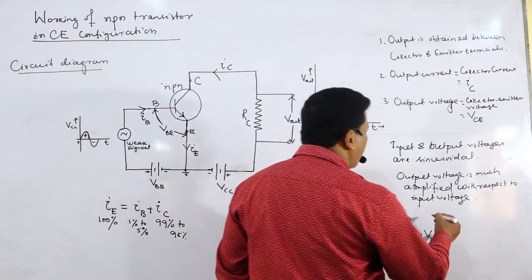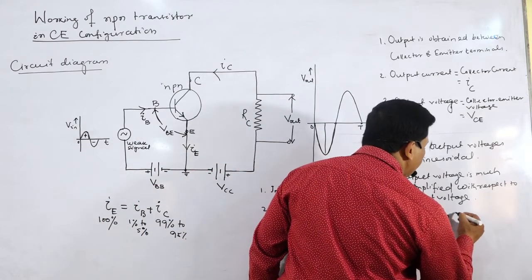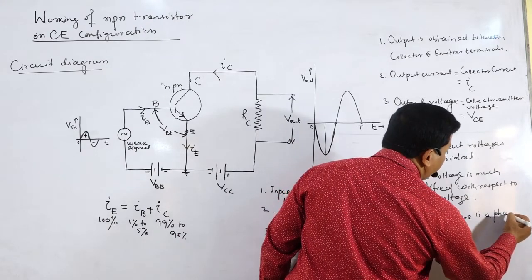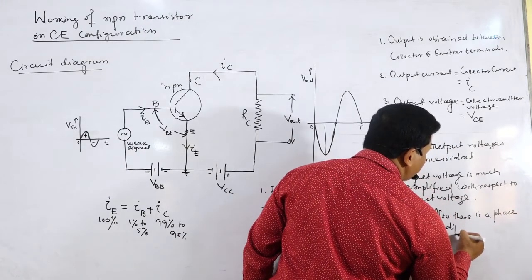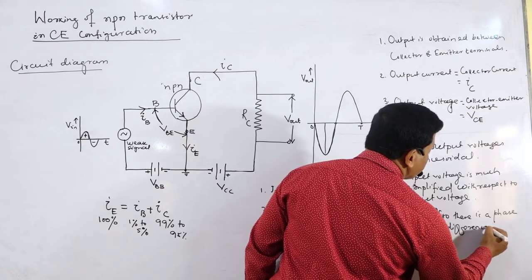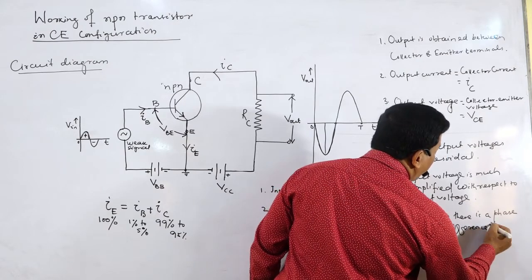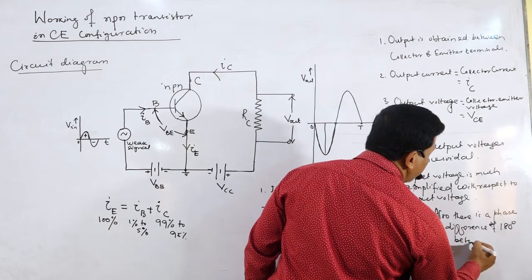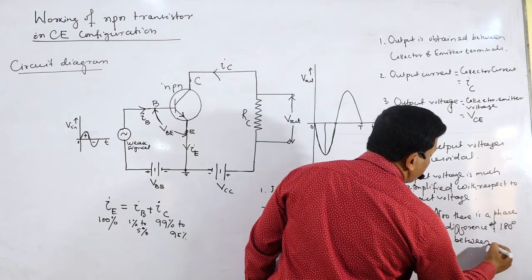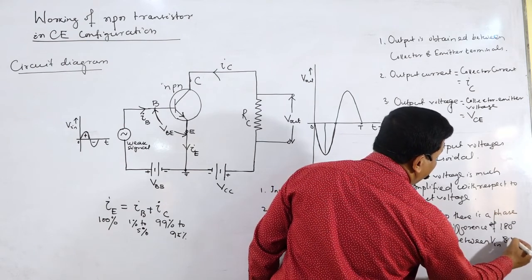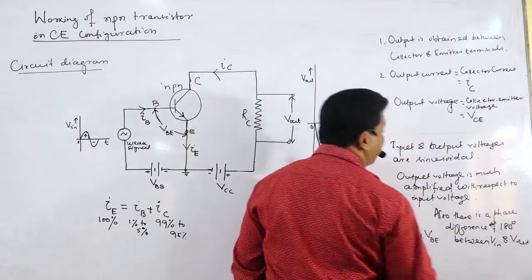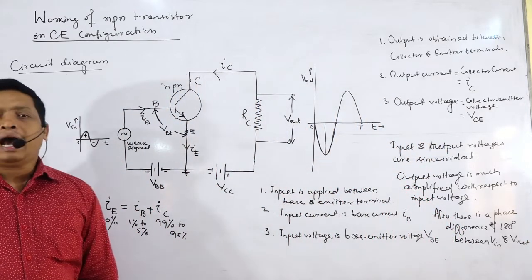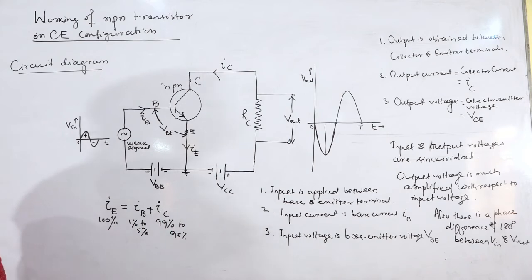Also there is a phase difference of 180 degree between input voltage and output voltage. I write in short, input voltage and output voltage have a phase difference of 180 degree.